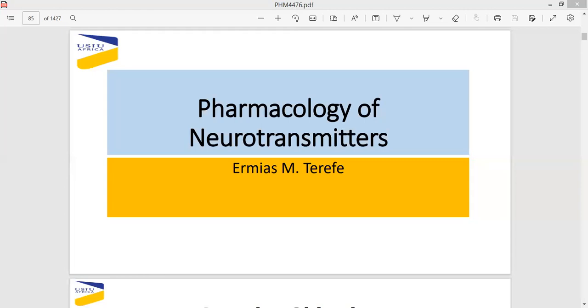Who can remember the types of helping cells, also known as glial cells? The types of glial cells.